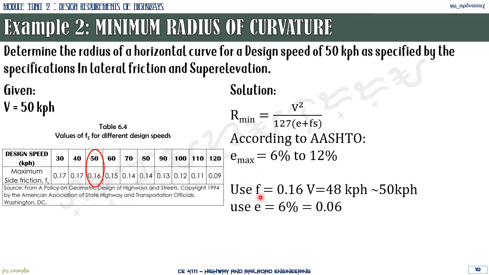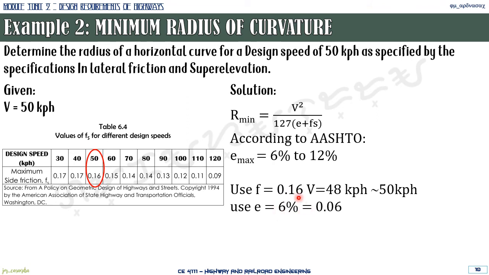for our frictional force 0.16, taken from table 6.4. So for a design speed of 50, the equivalent frictional force is 0.16, and for our superelevation e, we'll now be using the lower limit of e max, which is 6%.